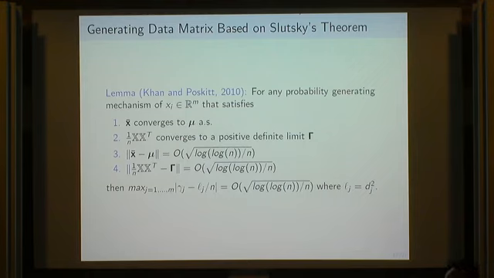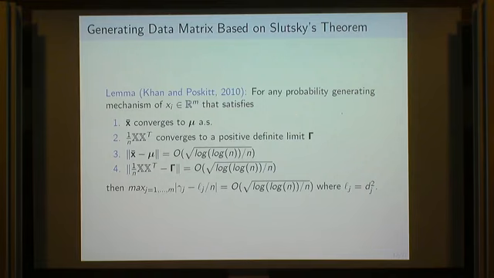Now we try something else: generating data using Slutsky's theorem. This lemma is due to Khan and Poskitt in 2010. They used this to generate data for time series in the context of functional data analysis and singular spectrum analysis.